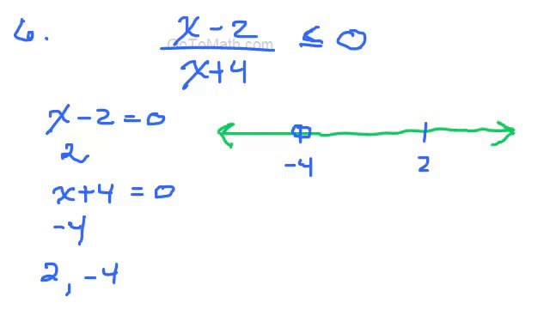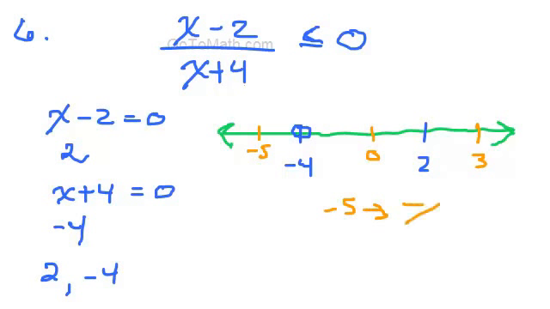Right. So let's go ahead and choose our test points now. So we have negative 5. Of course, we always use 0 if we can, and we'll use 3. Alright, so here we go. You take negative 5 and plug it in up here at the top. Plugging negative 5 in the numerator, you get negative 7, so it's a negative number.